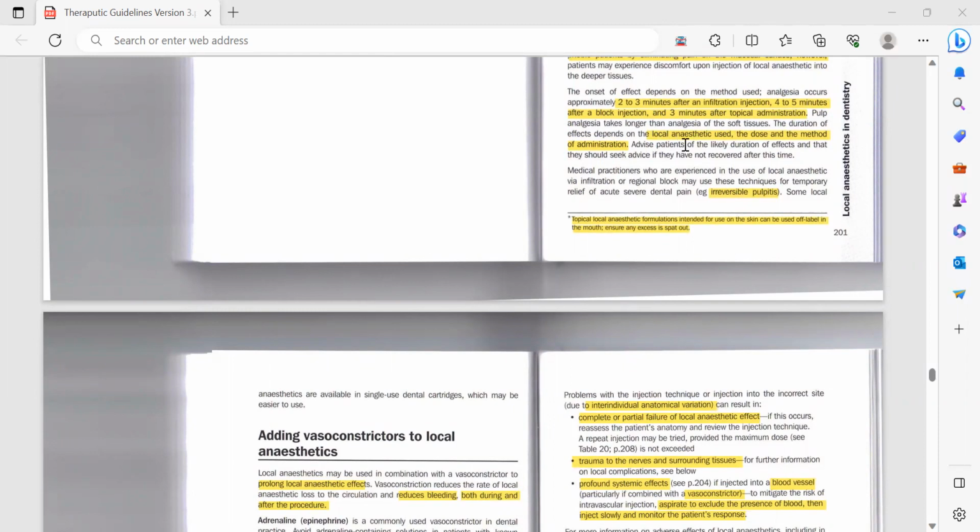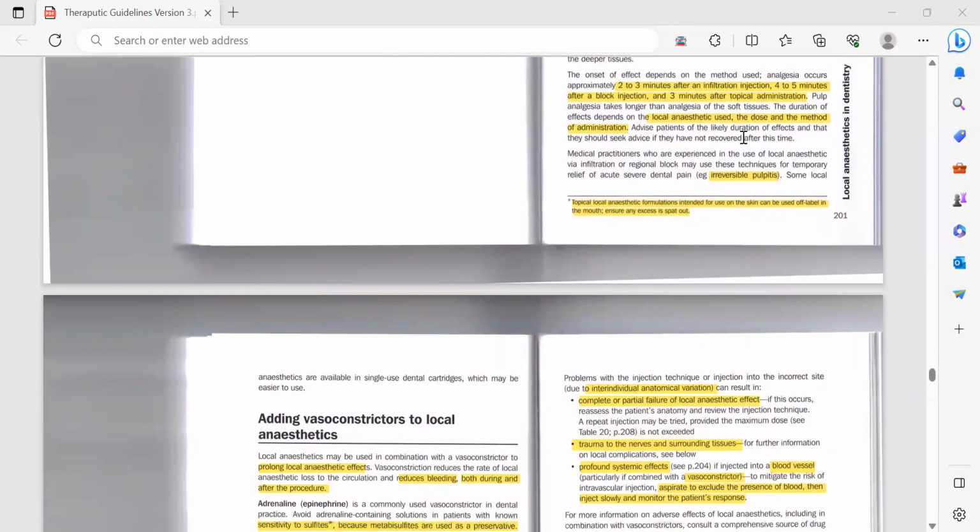For example, if you are using lignocaine, it would wear off sooner as compared to articaine or the longer acting LAs. It also depends on how much dose you are giving the patient and which method you are using, because if you give the block, it would take a longer time, right? Then you need to advise the patient of the likely effect, like you will be numb for 2 hours or more, and do not take anything hot, and be careful while eating because your lip is numb.